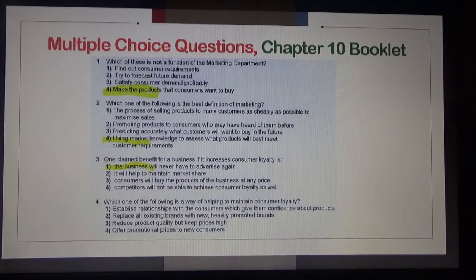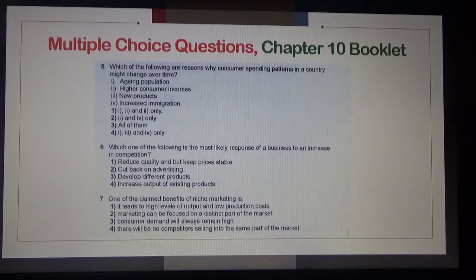No need for advertisements, unless there is a need, perhaps for new products only. Number 4, which one of the following is a way of helping to maintain consumer loyalty? Number 1 is the answer, to establish relationship with the consumers which gives them confidence about the products.